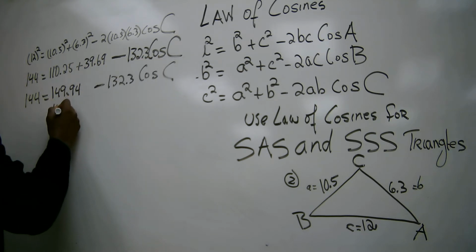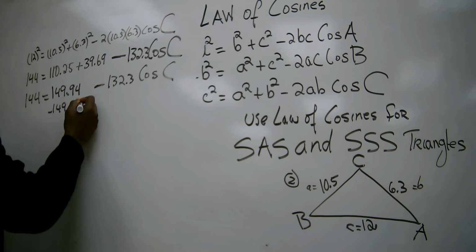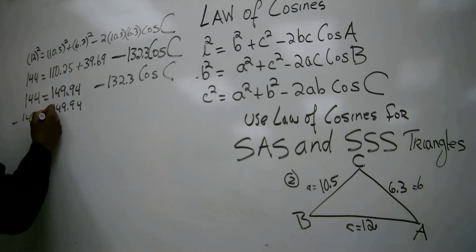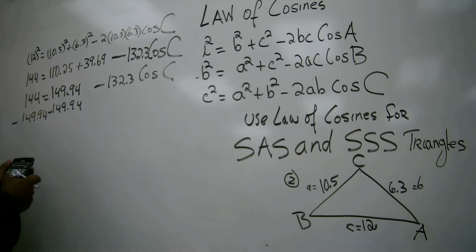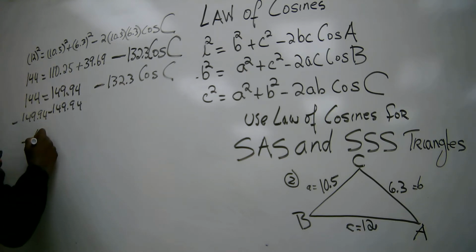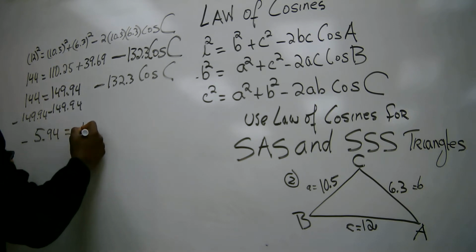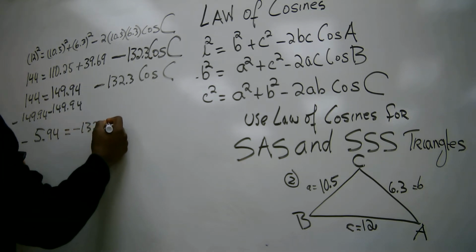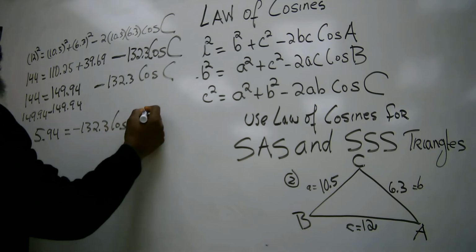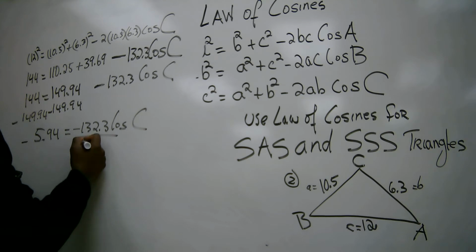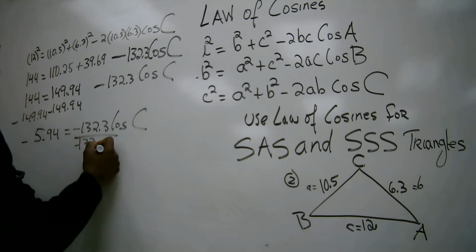Minus 149.94 from each side. Right. Plus 144. That will give you negative 5.94 is equal to negative 132.3 cos C. Then you divide by negative 132.3 on this side.